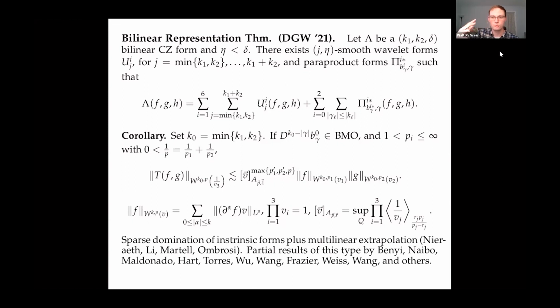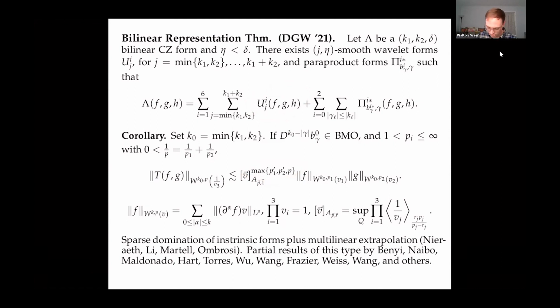We do sparse domination of the wavelet forms after integrating by parts. So the wavelet forms allow us to integrate by parts, and then we do sparse domination. Only recently was sparse domination in the multilinear theory completed, and when it was completed, they got the sharp exponents. So that's how we get the sharp exponents.